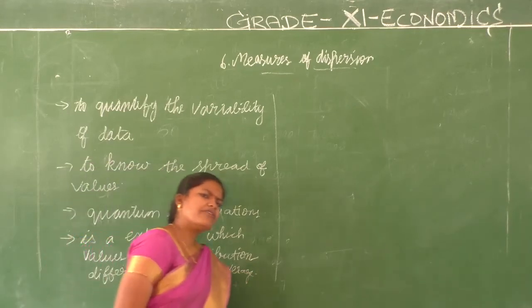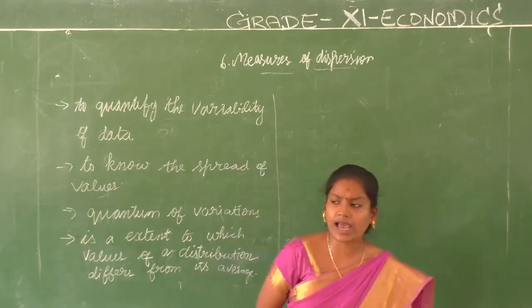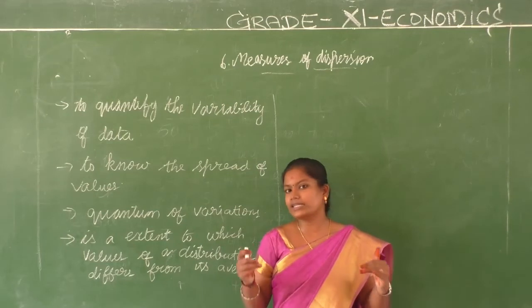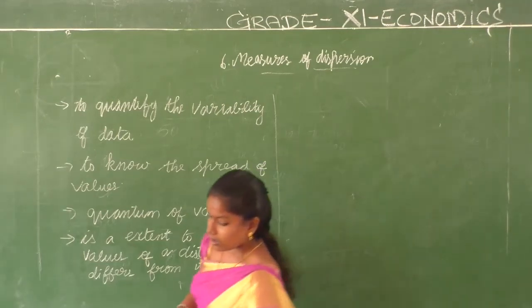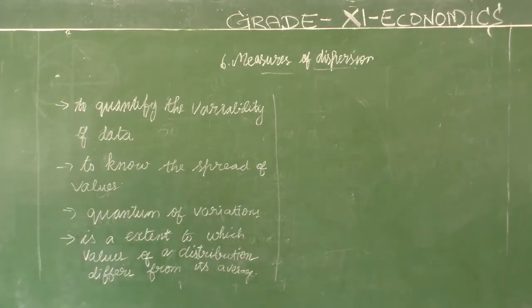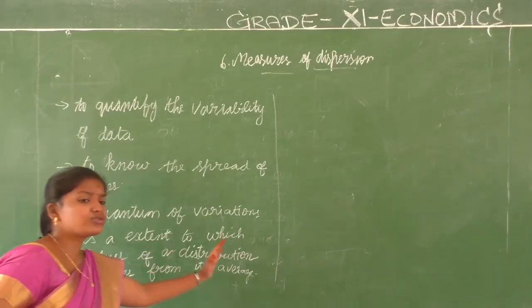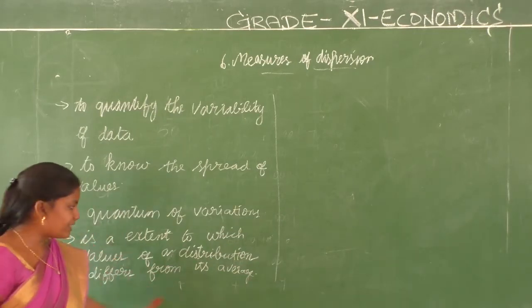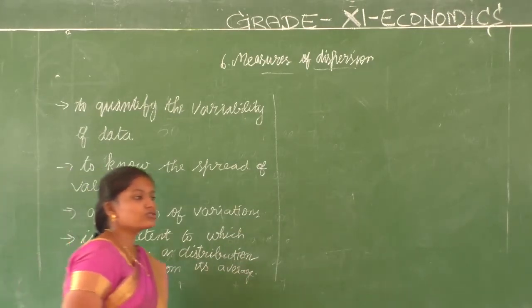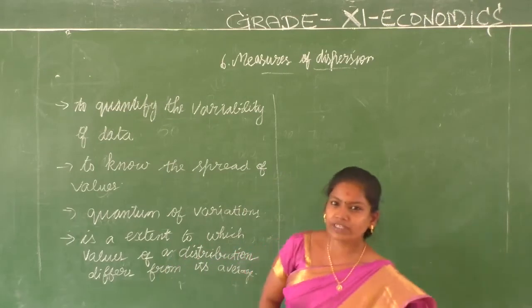How are we going to find it? Fine, we understand. Measures of dispersion tell you about the differences between the values of the distribution. Fine, we understand that point. But how do you actually find it? How do you actually find this difference to which values of a distribution differ from its average?